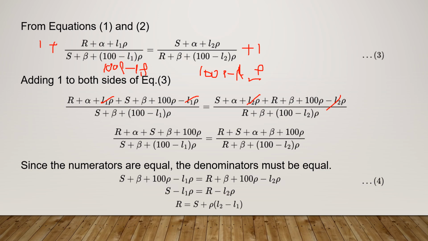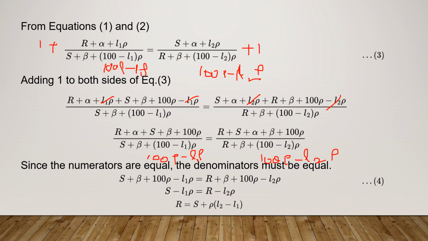Here these two terms, the numerators, are equal. Therefore, the denominators must be equal. Therefore, S plus beta plus 100 rho minus L1 rho is equal to R plus beta plus 100 rho minus L2 rho.